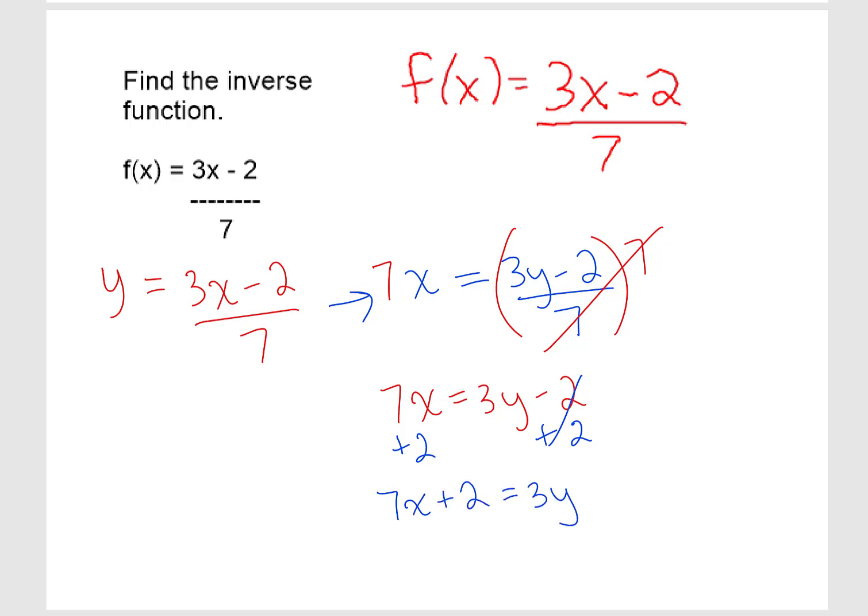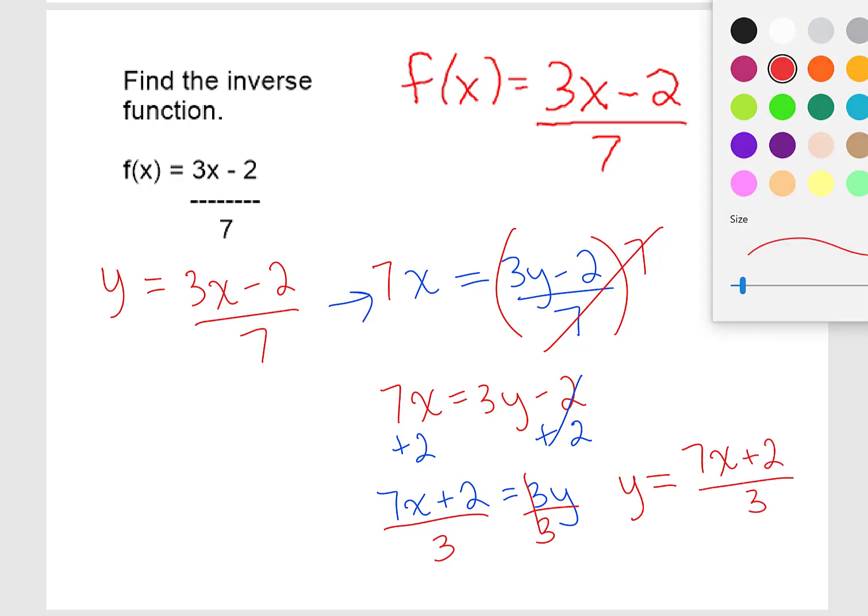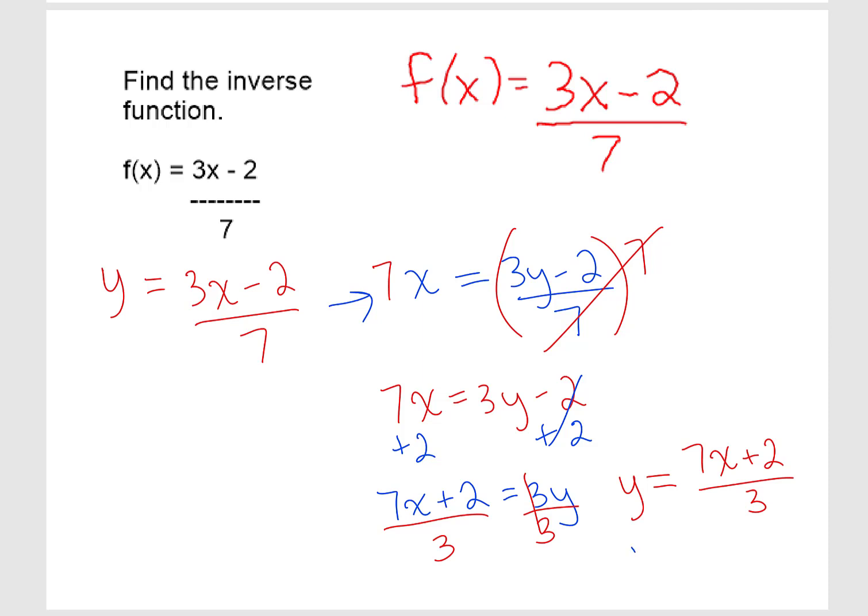Divide both sides by 3. And we get, I'm going to flip sides, y equals (7x plus 2) over 3. Last step is to change that y to inverse of f of x. And that is our inverse function.